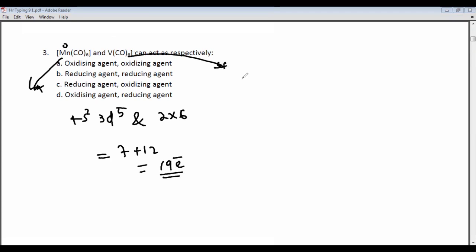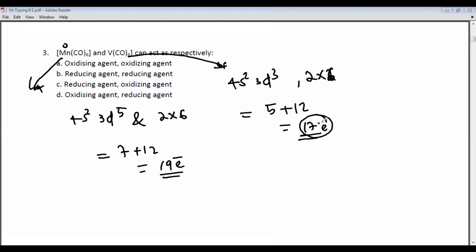What about V(CO)6? Vanadium is actually 4s2 3d3, and the carbonyl groups have 12 valence electrons. So 5 plus 12, 17. So 17 electrons are there in the V(CO)6 system.